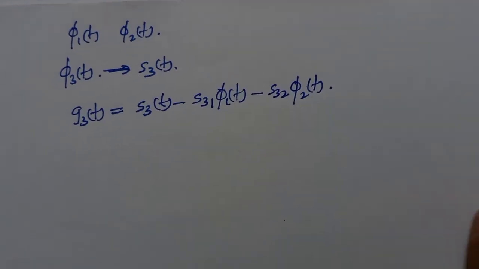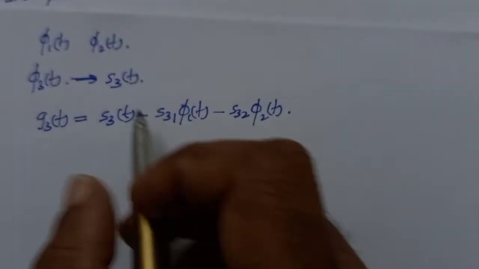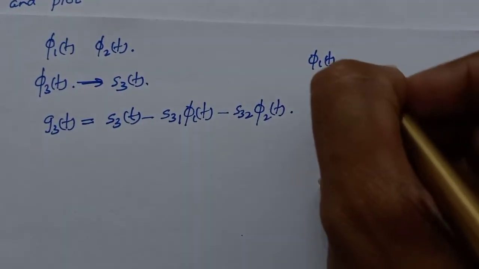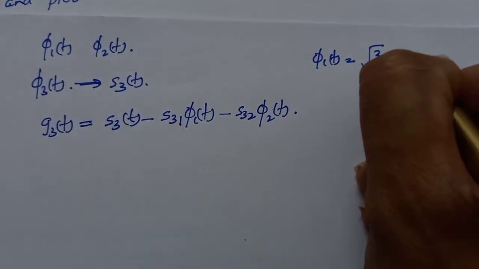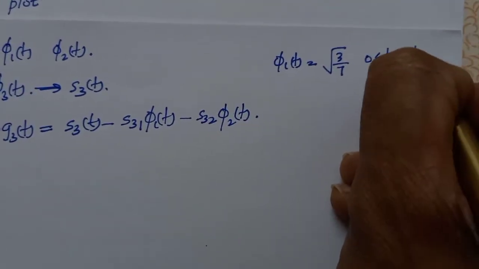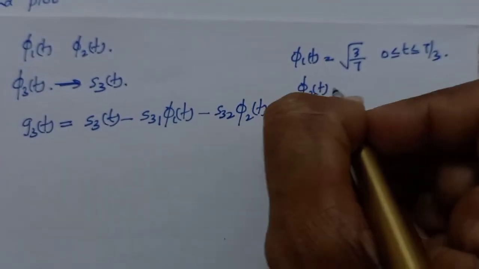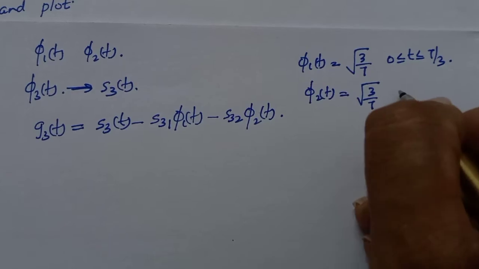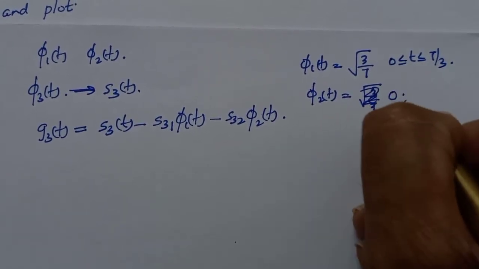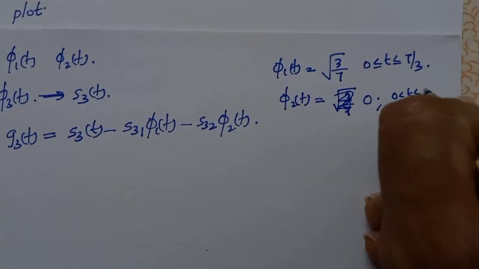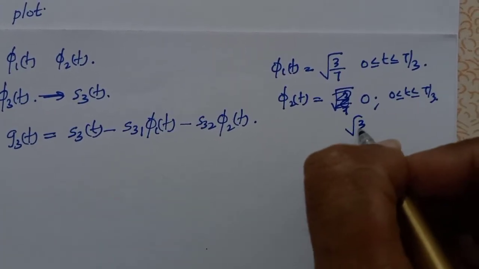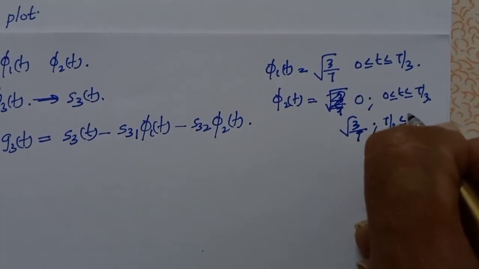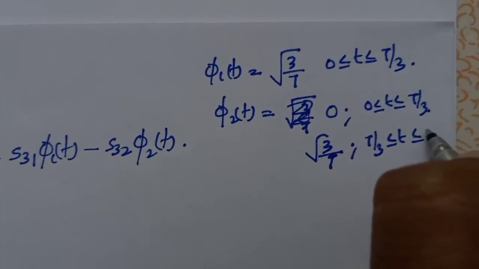Okay, I will write the equations corresponding to phi 1(t) and phi 2(t) here. So phi 1(t) equal to root of 3 by t for 0 less than or equal to t less than or equal to t by 3, and phi 2(t) equal to 0 for 0 less than or equal to t less than or equal to t by 3, and root of 3 by t for t by 3 less than or equal to t less than or equal to 2t by 3.